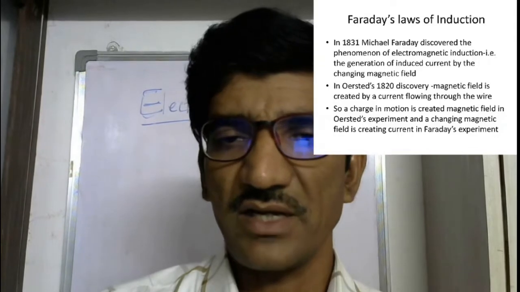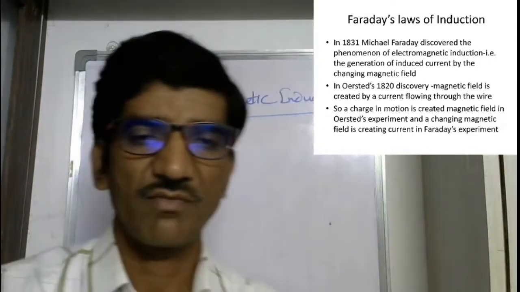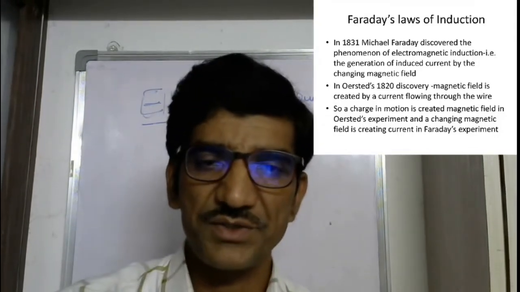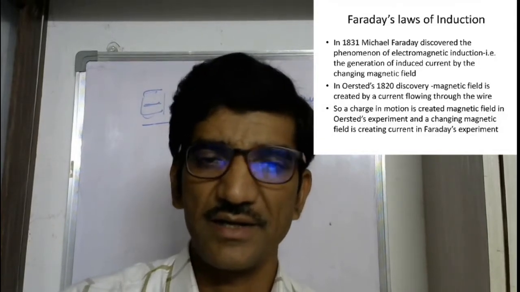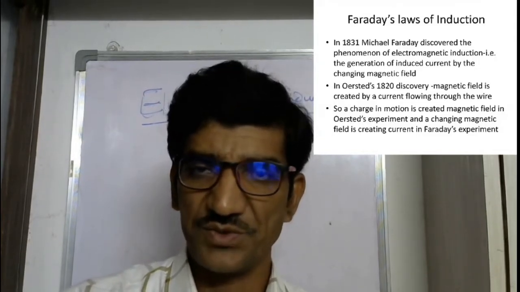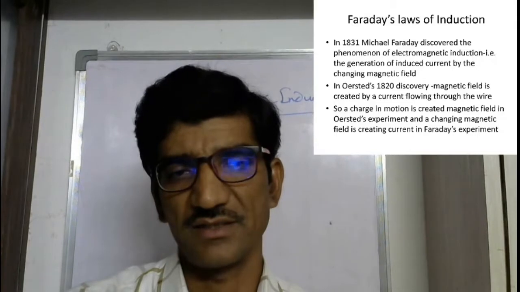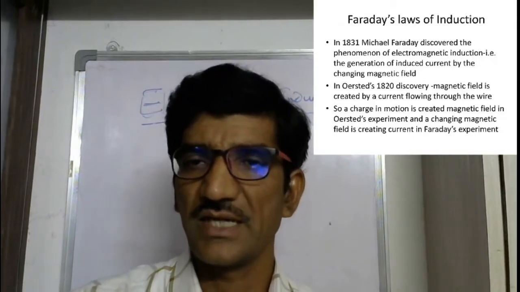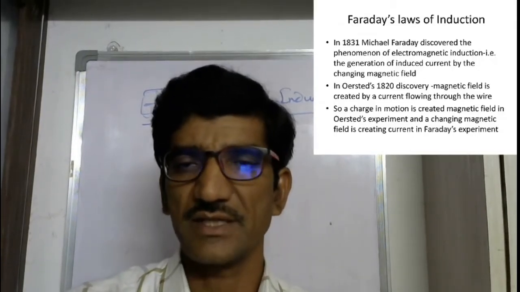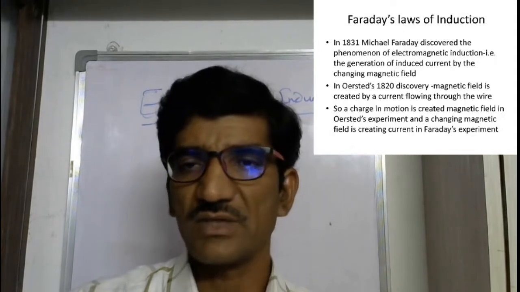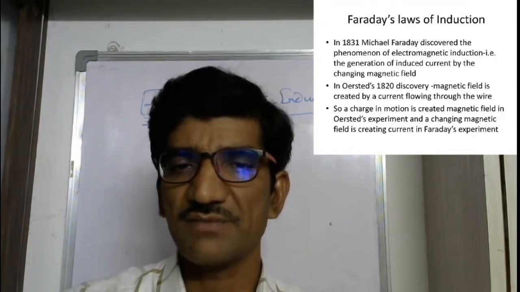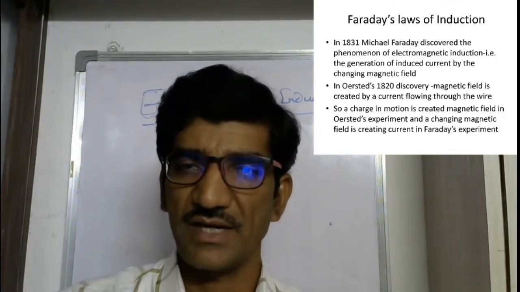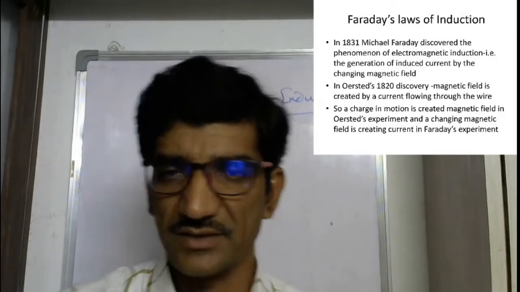The production of induced EMF by a changing magnetic field is known as electromagnetic induction. This phenomenon itself is known as electromagnetic induction. The law governing this phenomenon is known as Faraday's law, Faraday's law of induction.